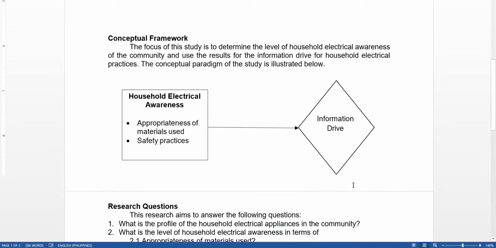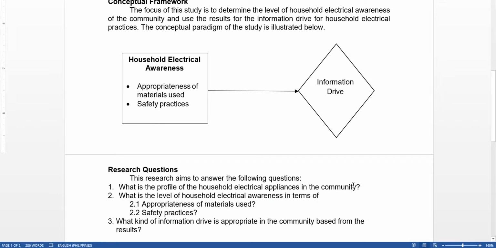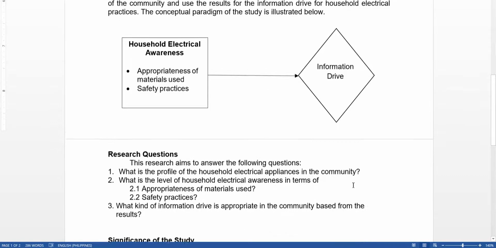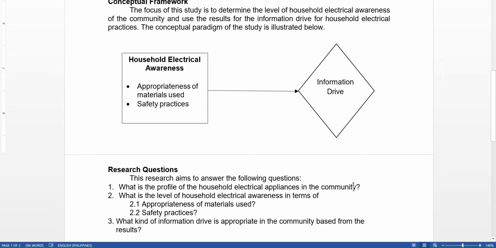Okay, now, since we have this kind of conceptual framework, this will become our research questions.